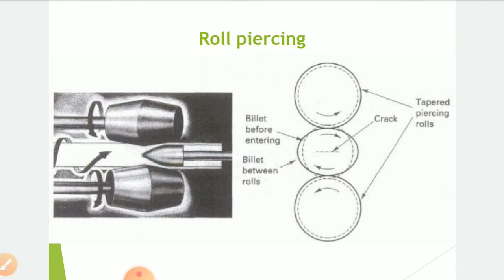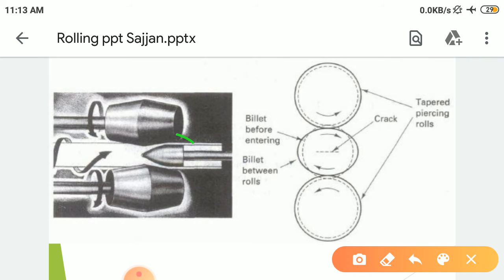Now roll piercing. Roll piercing is a process in which we will use one mandrel. This part is known as the mandrel, and this is roller 1 and this one is roller 2, and roller 1 and roller 2 will be inclined to each other.